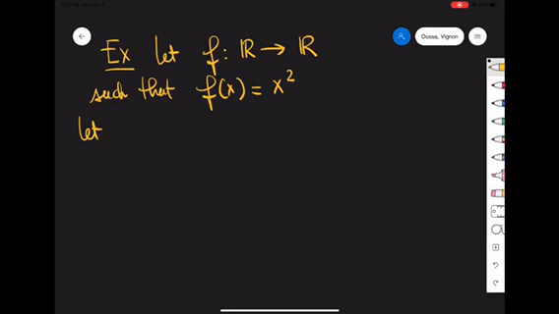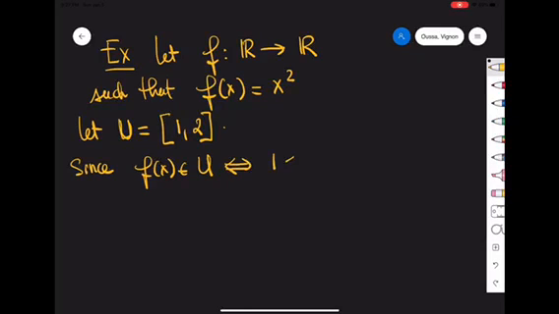Now let's suppose that U is the set [1, 2], and we want to compute the preimage of U. Since f of x is in U if and only if 1 is less or equal to f of x, which is less or equal to 2, this is the same as saying that 1 is less or equal to x squared, which is less or equal to 2.